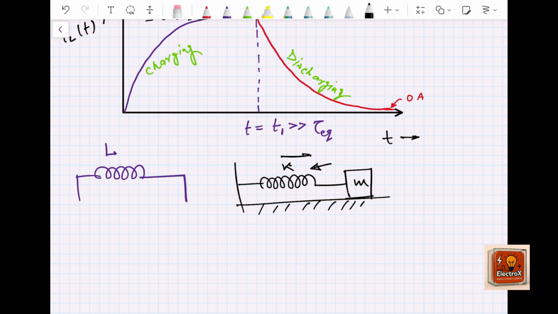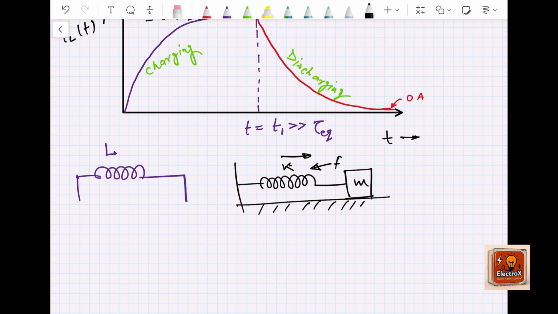When we release it, when we remove the external force, it exerts an outward force, releasing its stored potential energy and converting it to kinetic energy.